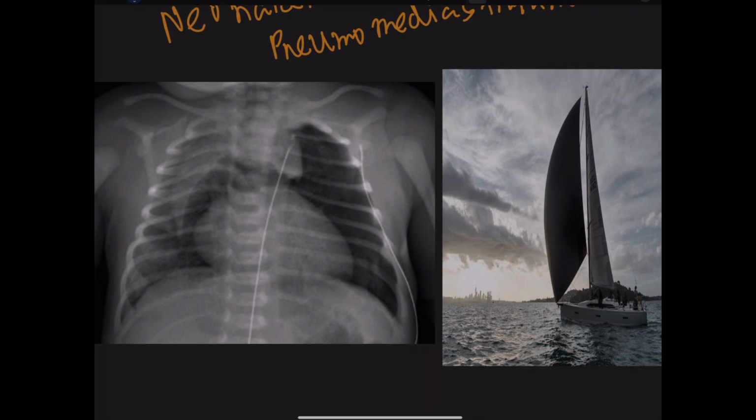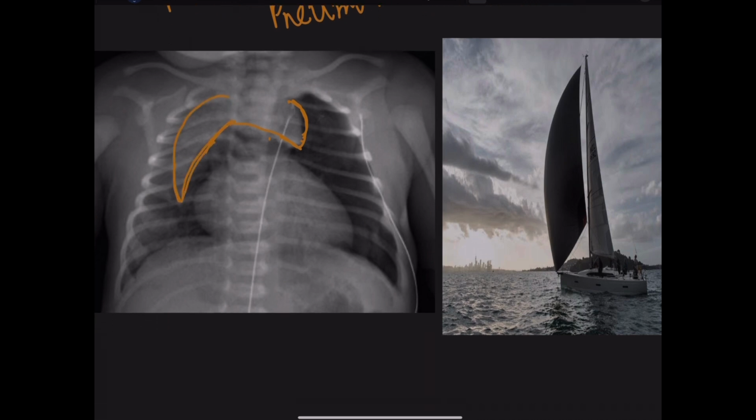So when air gets into the mediastinum, it pushes the thymus away from the center, to the sides, and you can see the thymus. This thymus kind of looks like a spinnaker sail.